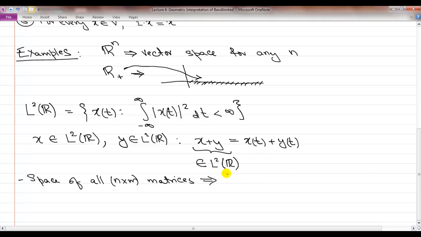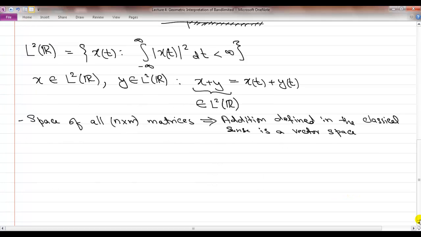So the space of all n by m matrices, with addition defined in the classical sense, is a vector space. Now, we started talking about vector spaces by using the example of Rn, and we said, well, in Rn you can add vectors and you can multiply them by scalars.